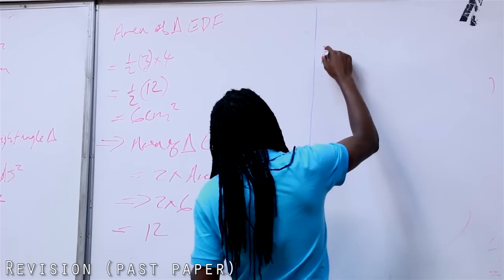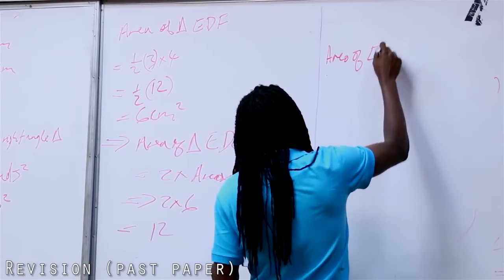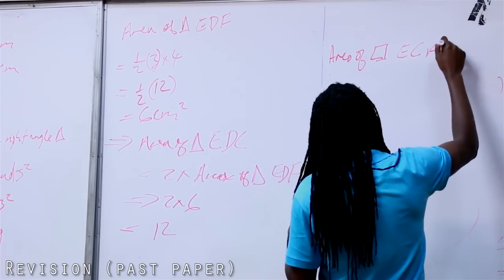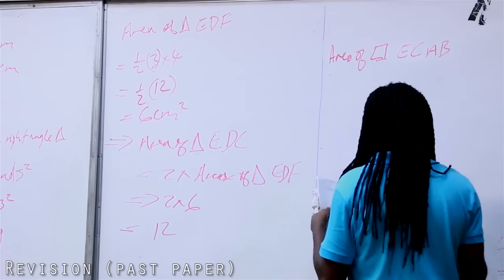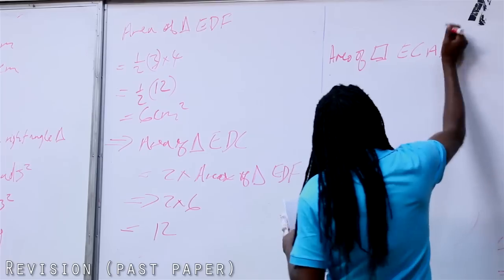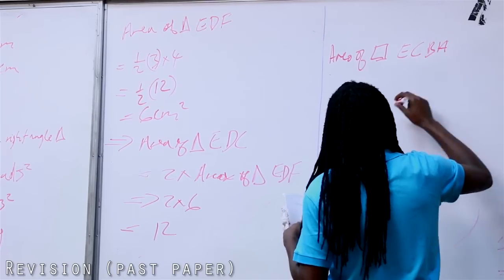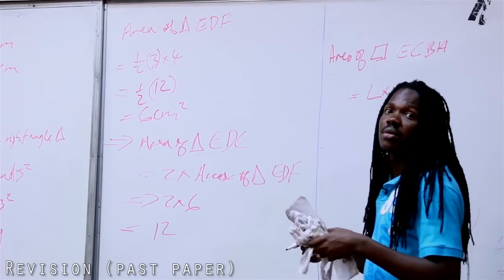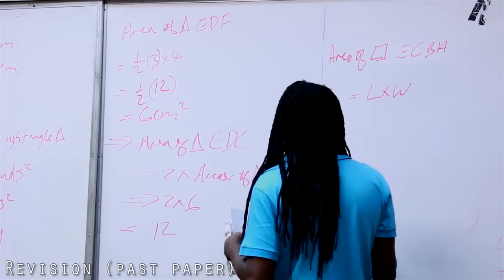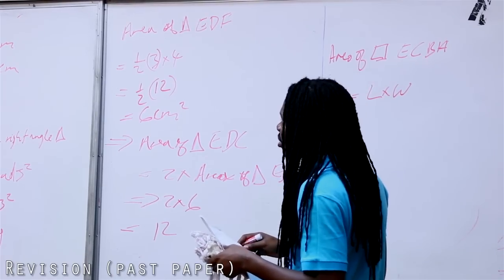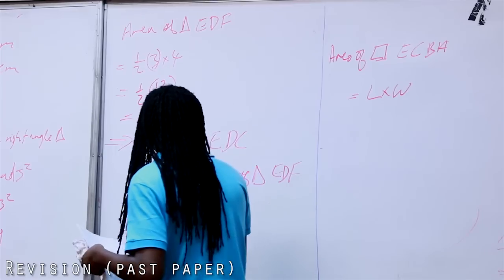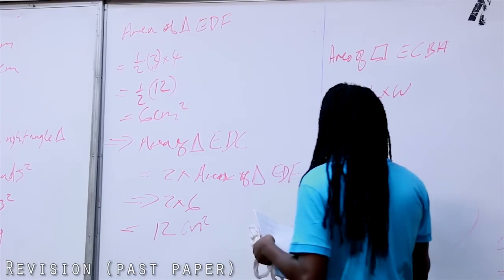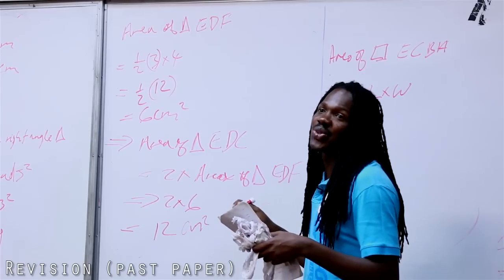Area of square ECAB, or ECBA, equal length times width. Oh, it is wrong. Centimeter squared. Equal 12 squared is incorrect. It's 12 centimeter squared.